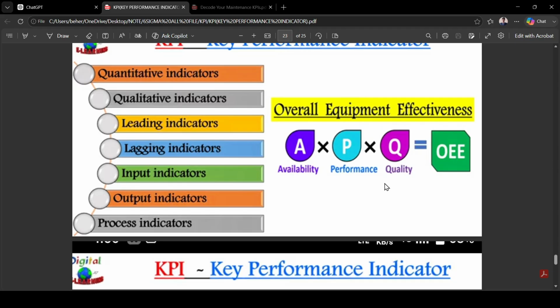There are 7 indicators: quantitative, qualitative, leading, lagging, input, output, process.